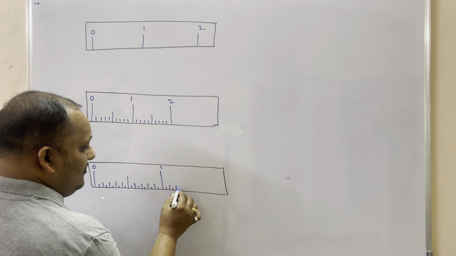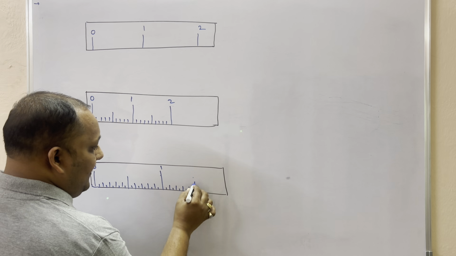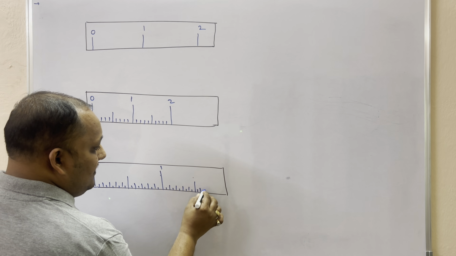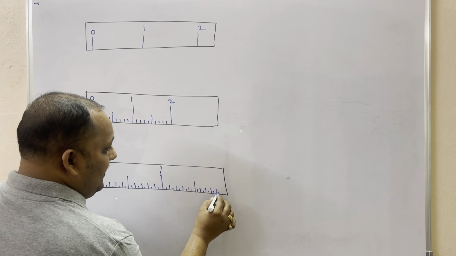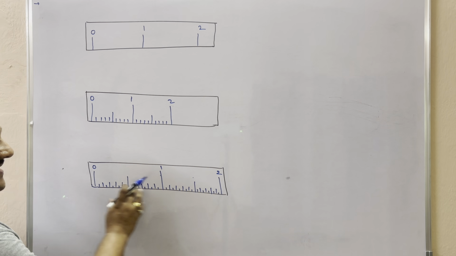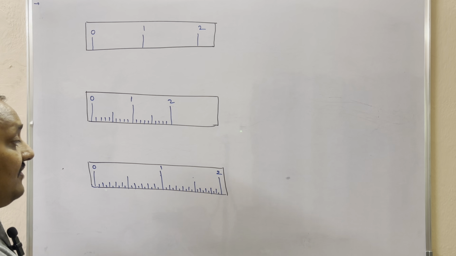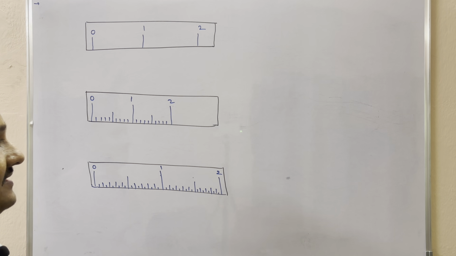Again 1, 2, 3, 4, 5, 6, 7, 8, 9, like this. So the division of the scales is called the calibration of the scale, we will say.